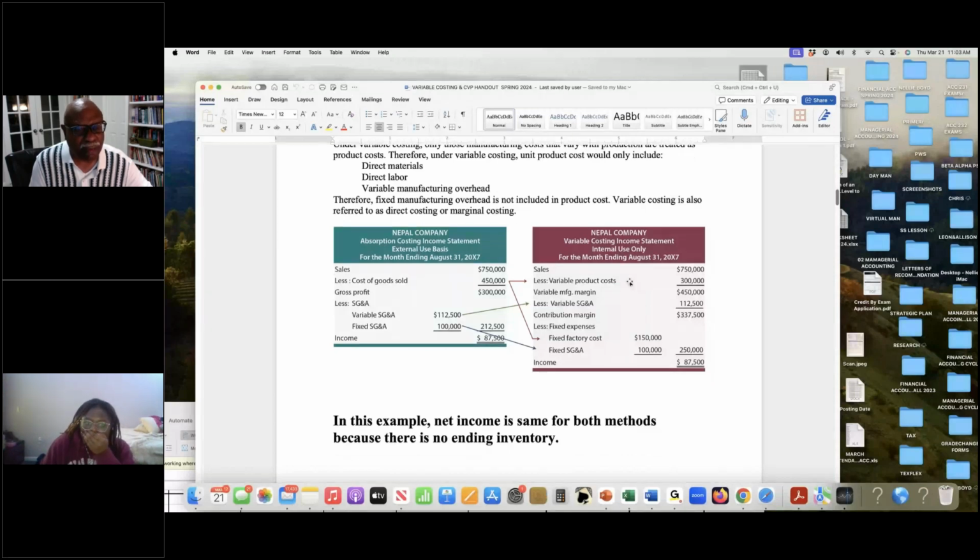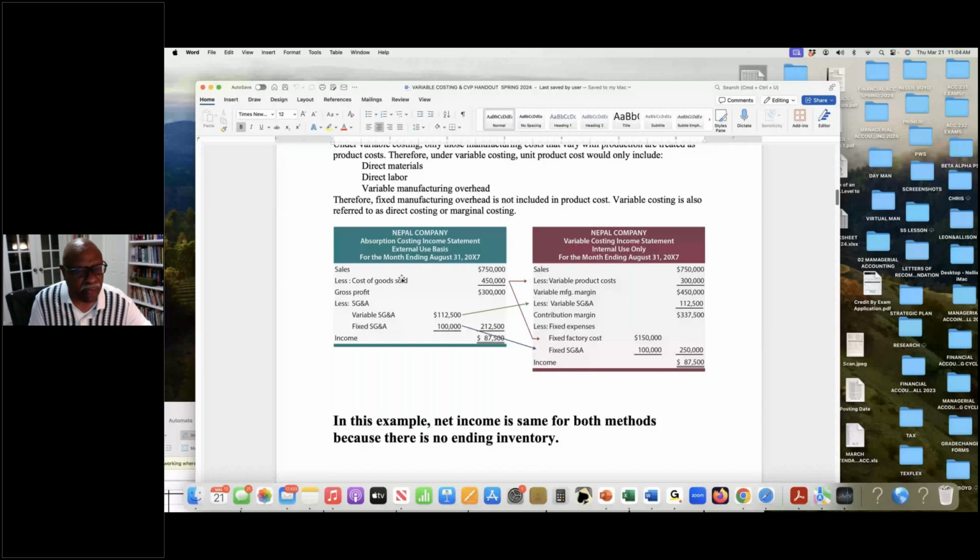Traditionally, absorption costing or full costing is sales less cost of goods sold, gross profit, less selling and administrative expenses, net income. That's traditionally what we do.